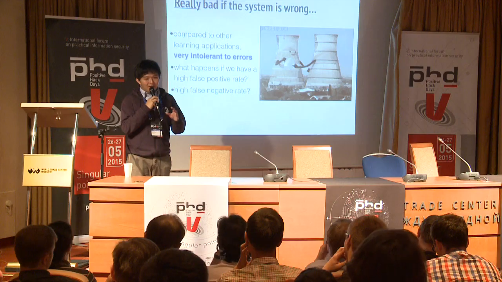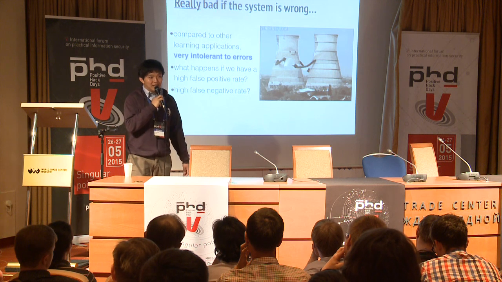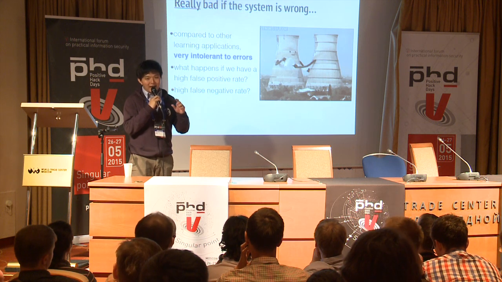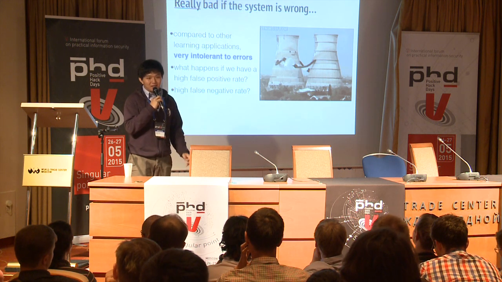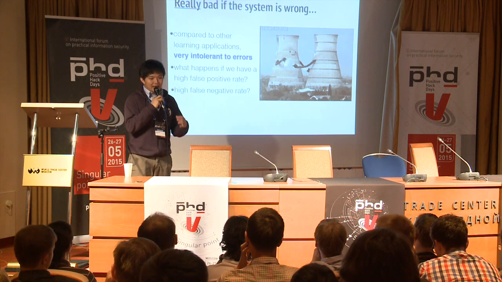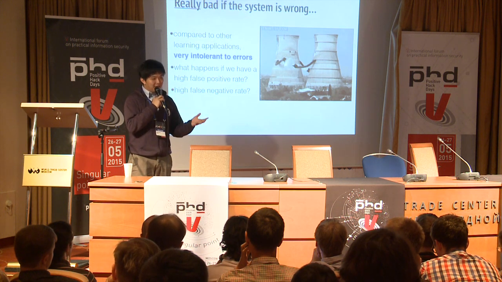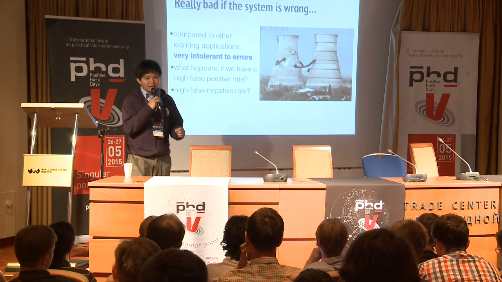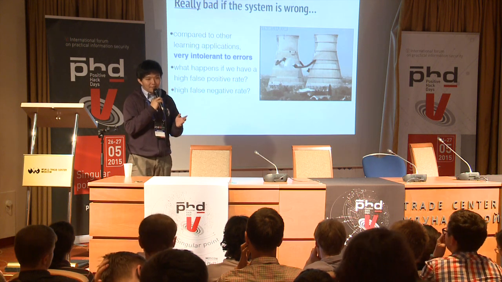So think about anomaly detection. It's very intolerant to errors, because as long as there's a slightly high false positive rate or false negative rate, the system essentially becomes unusable. Research has shown that the amount of time it takes to deal with anomalies scales linearly for security researchers.